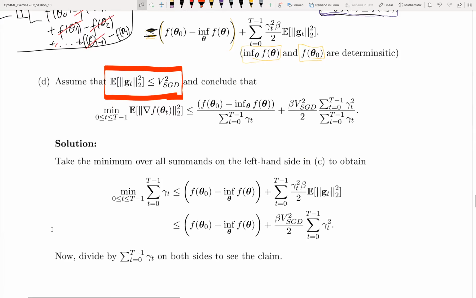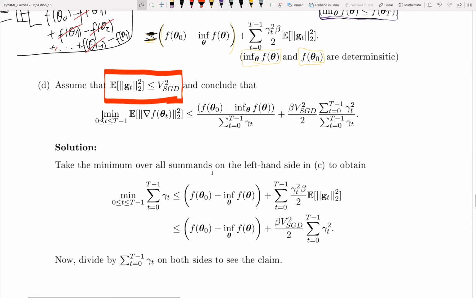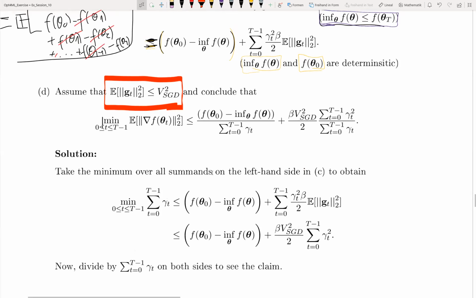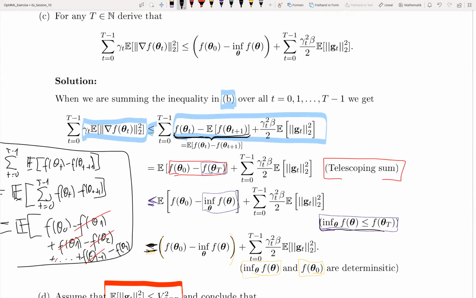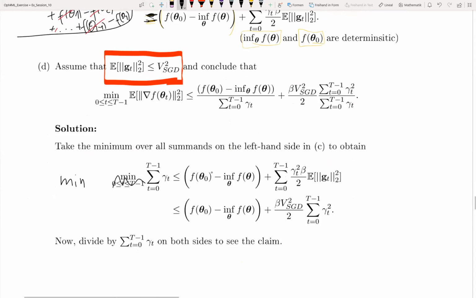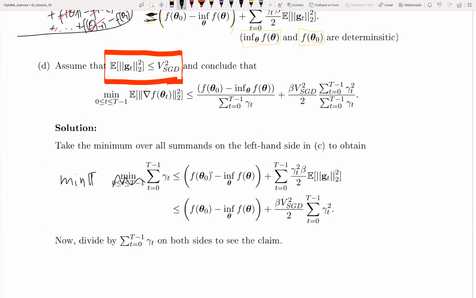There's something missing, I see. So here, of course, when we take the minimum over the summands we had here, with respect to the expected value, then of course it should appear here. I need a bit more space.